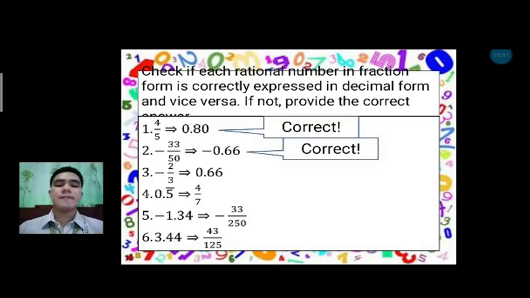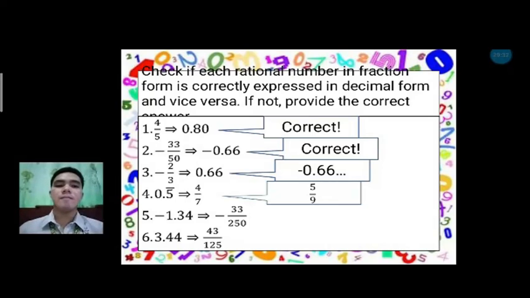Then number 3, it should be negative 0.66 and so on and so forth. Because when you divide 2 by 3, you will get this value instead of this one. Number 4, 0.5 with vinculum, that should be 5 over 9 in fraction.